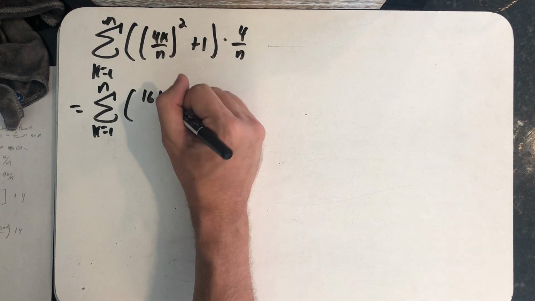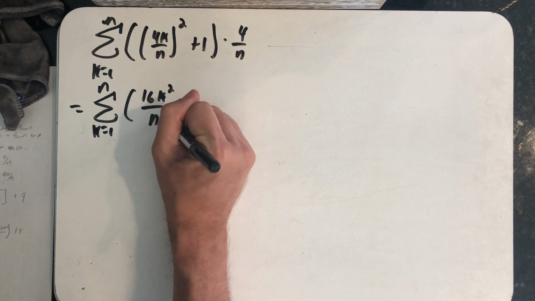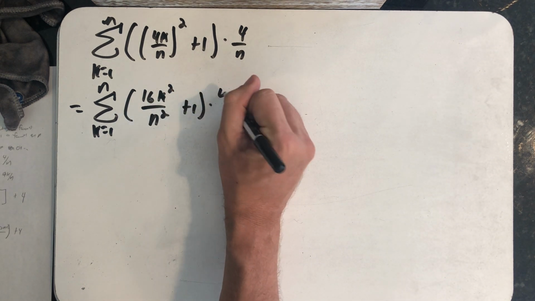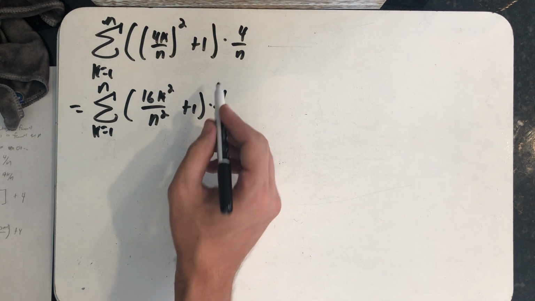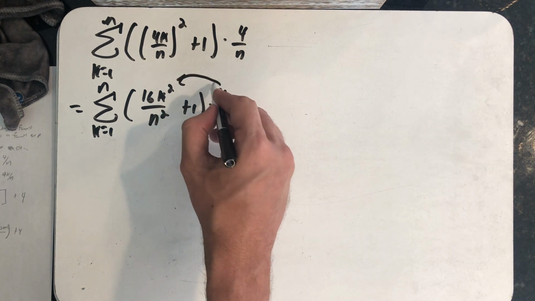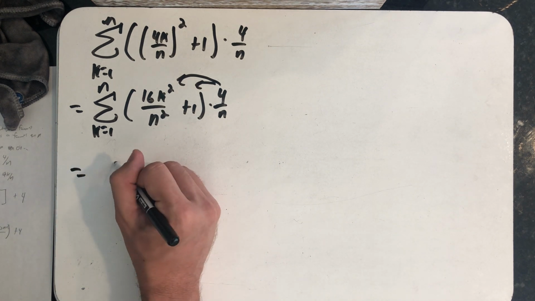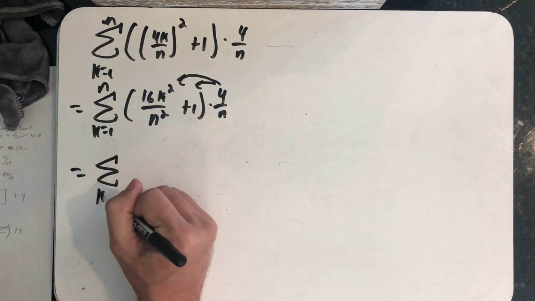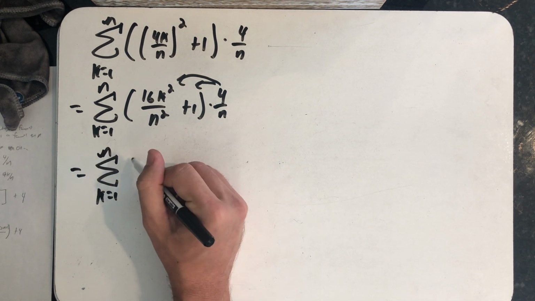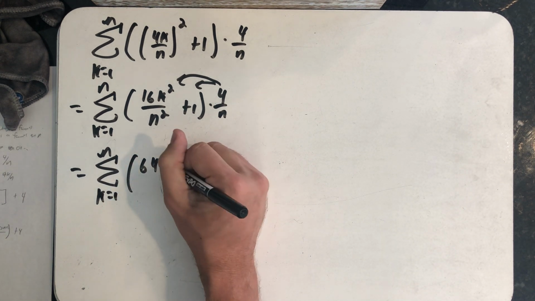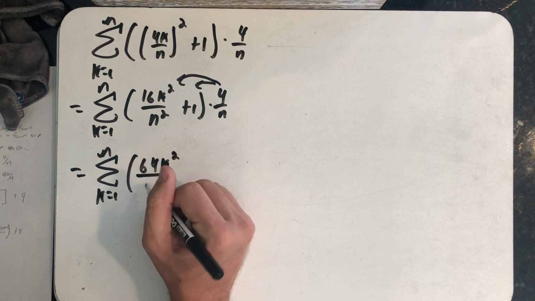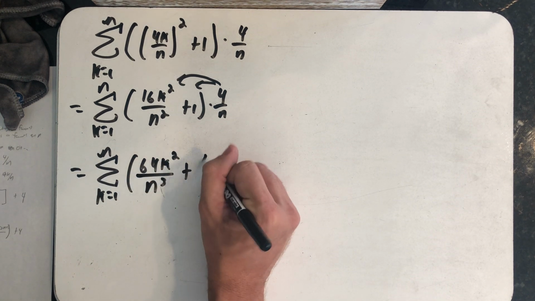That's going to be 16k squared over n squared plus 1, still all times 4 over n. Now what I think I'll do is distribute the 4 over n. So I have 64 times k squared, and now over n cubed, plus 4 over n.